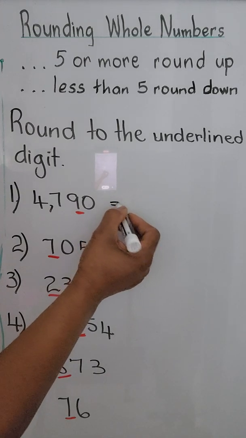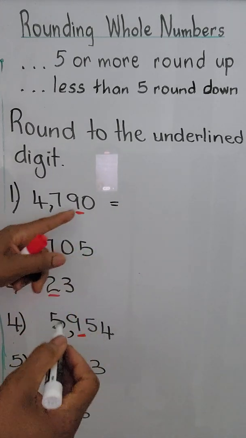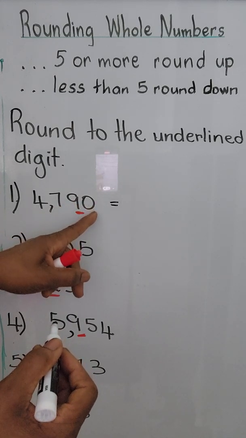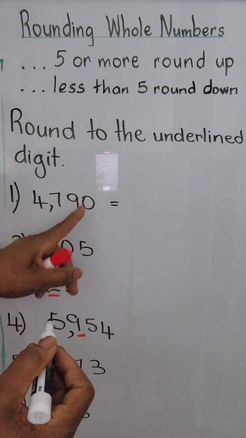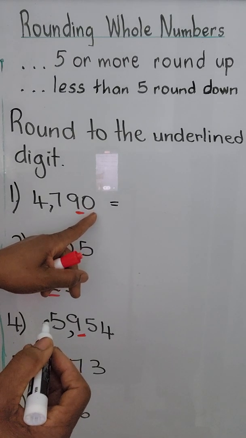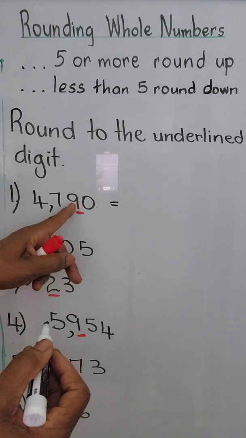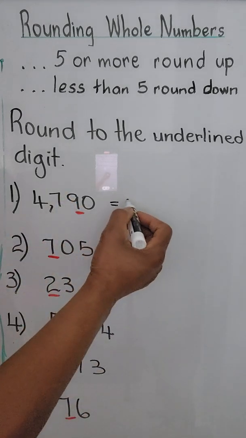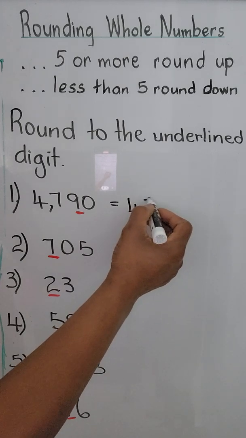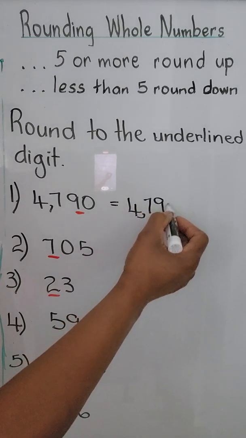That is equal to, rounded to the nearest 10, the number that comes after the rounded number is less than 5, so we round down. That means we keep the rounded number. So that will be 4,790.